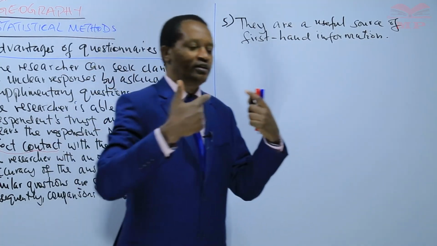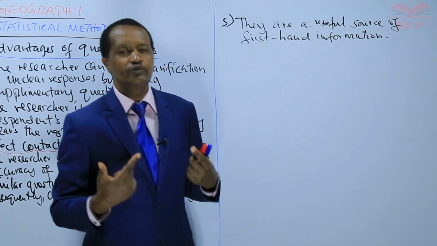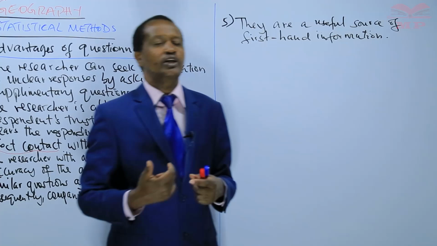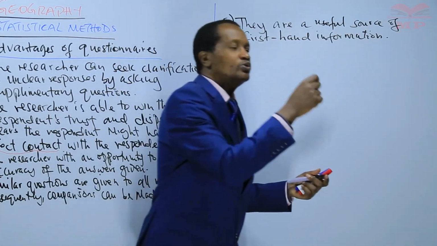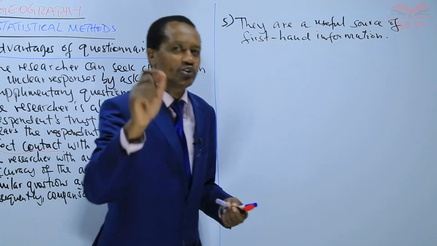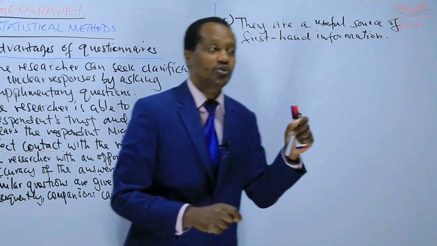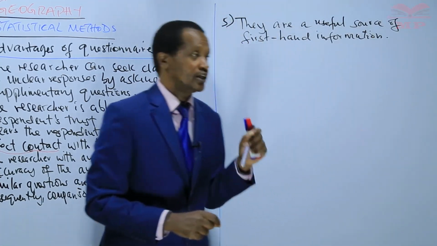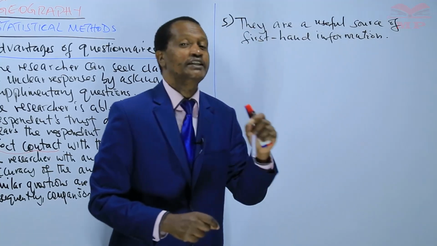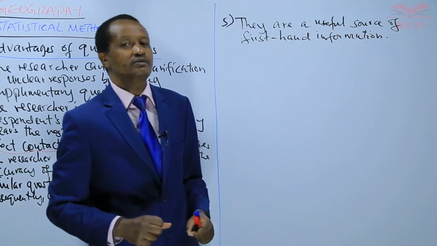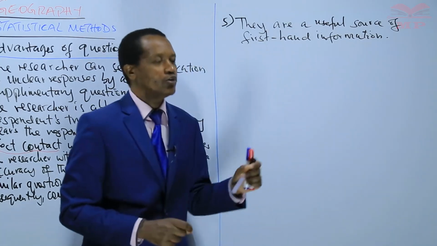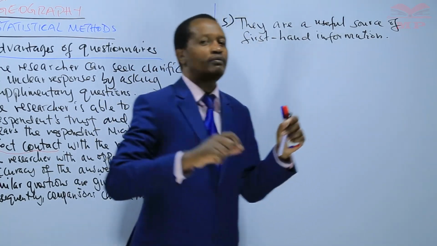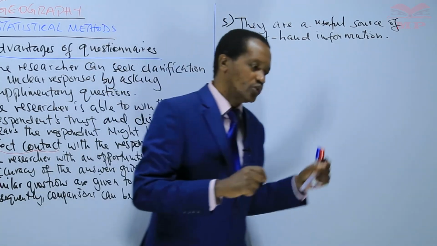If you are collecting information from traders, you ask questions like, how often do you have market days? You are talking to the one who goes to the market, the one who sells in the market, right? Get that information directly. The one who answers that question is one who goes to the market.